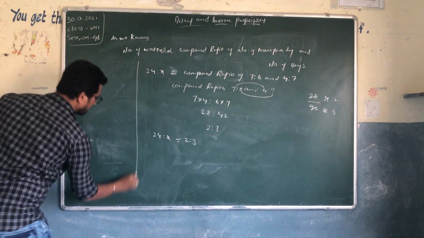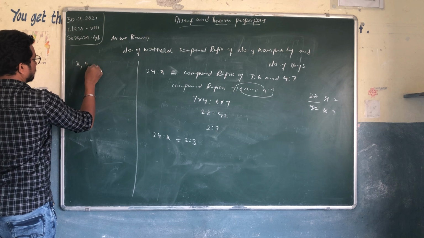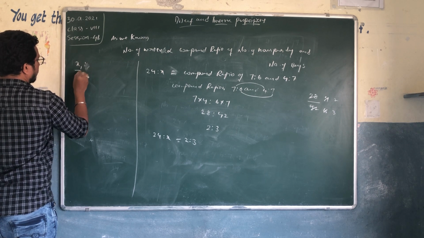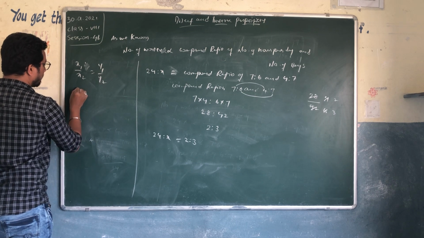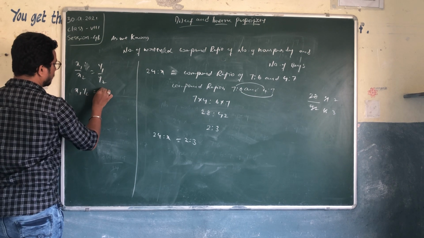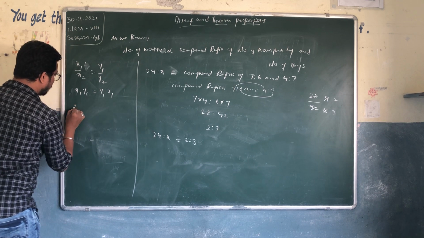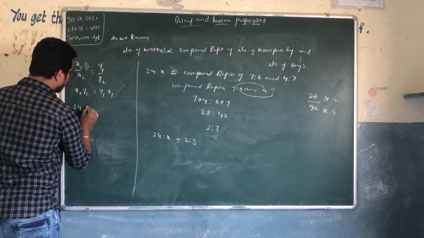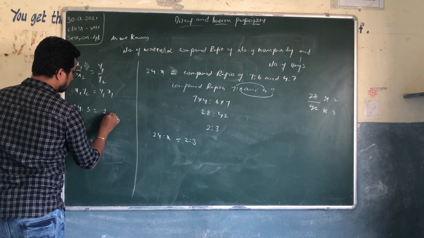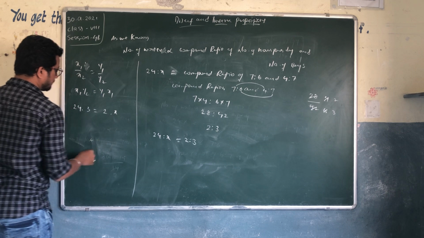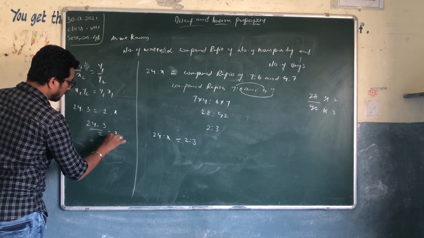Same again, x1 by x2 is equal to y1 by y2, which means x1 y2 is equal to y1 x2, right? x1 is 24, y2 is 3, y1 is 2, x2 is x.